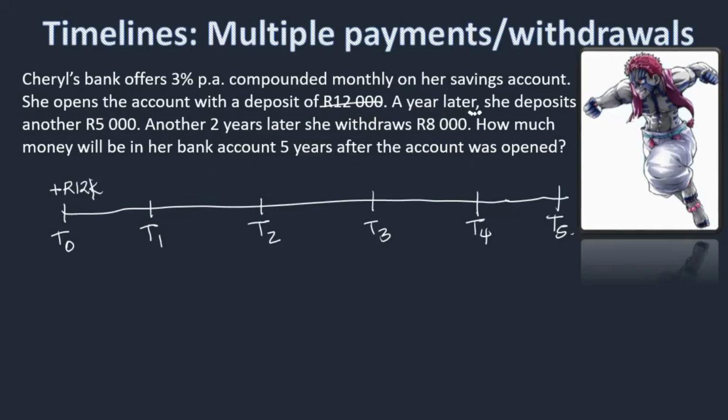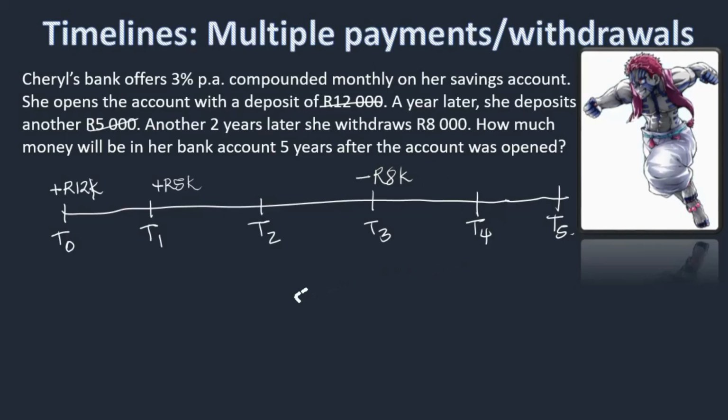It says a year later, she deposits another 5,000. So right here, she deposits another 5,000. Interesting, right? So I've done the statement. Another 2 years later, she withdraws 8,000. So another 2 years later, which means from here, 1, 2, she withdraws 8,000.